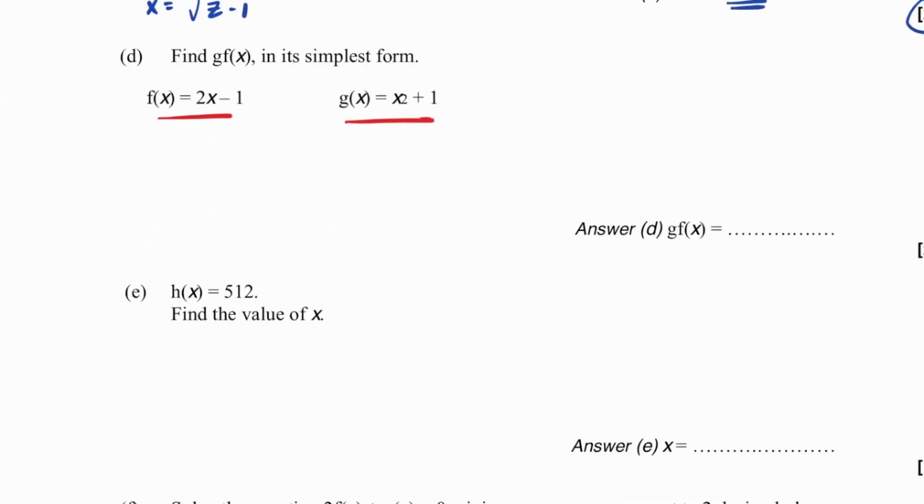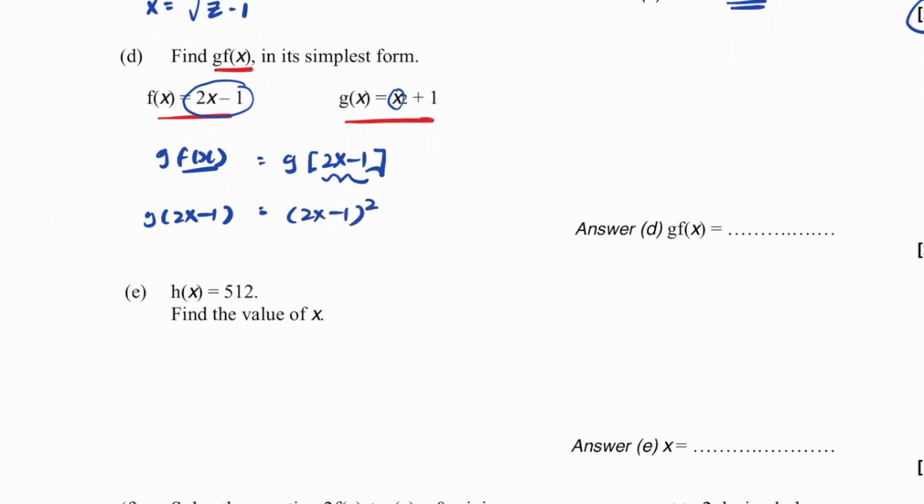Next question involves another composite function where we need to simplify it into simplest form. So g f x. Make sure you rewrite f x into 2x minus 1. Then simply replace the x in the function of g, so it will look like this: 2x minus 1 squared plus 1.